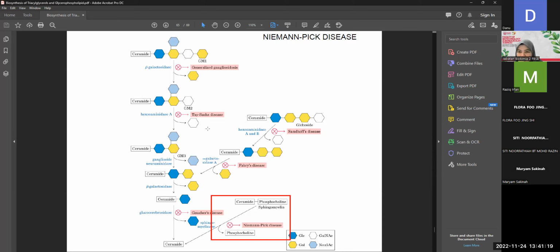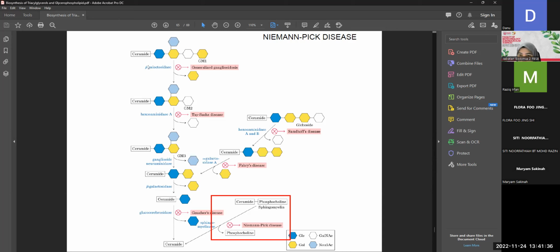Okay, so if you look at this diagram, this pathway is the degradation of ganglioside. Look at the first reaction.